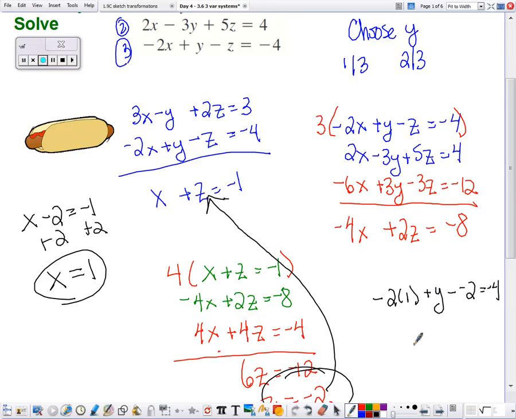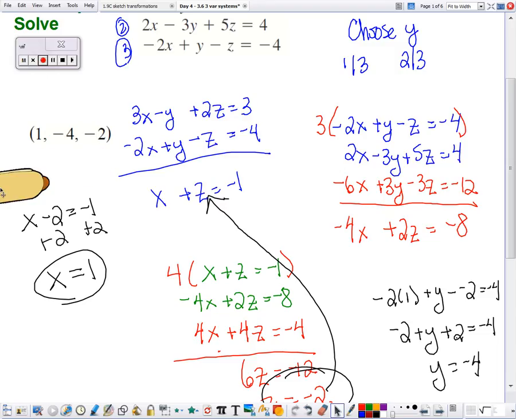Alright, let's solve for y. -2, +2. Well, -2 and +2 equals 0, so y is -4. Your final answer needs to be written as a coordinate, x, y, z, right here. 1, -4, -2.